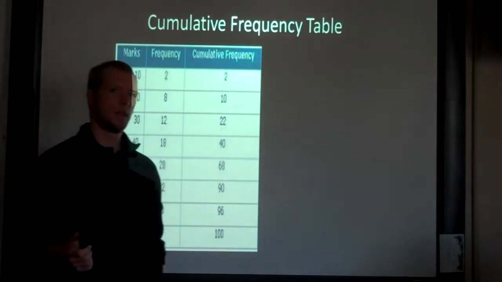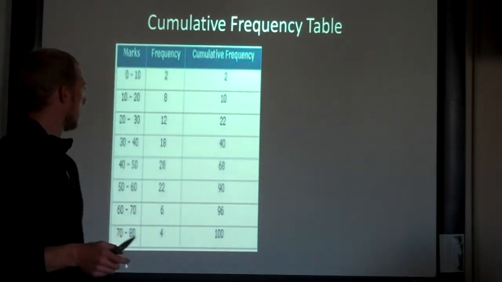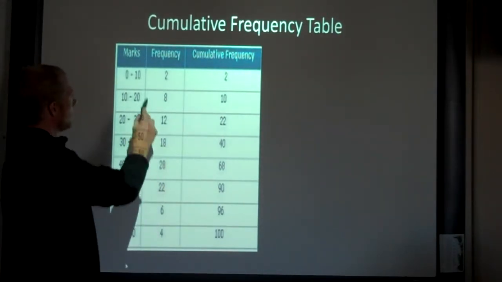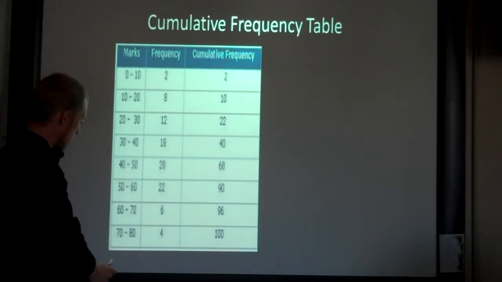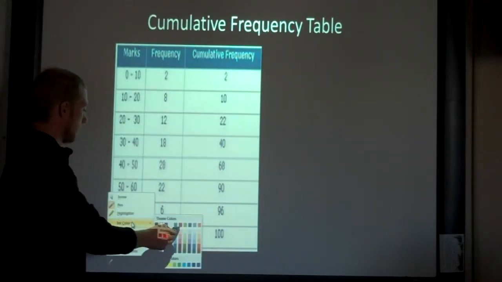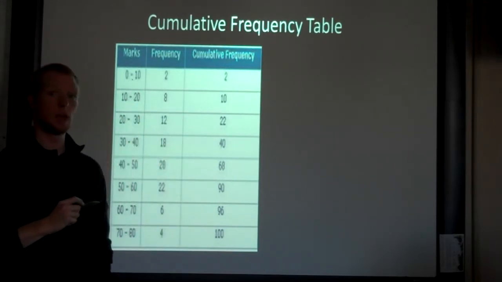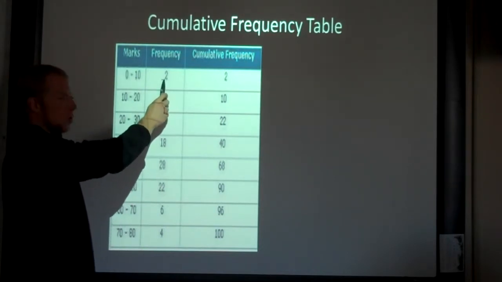What we start with when we're talking about these cumulative frequency tables or ogive curves is a frequency. If I'm looking at grades and I have a frequency of 10, 0 to 10, so it maybe came from a histogram where I have any value from 0 to 10, well, there were 2 scores there.